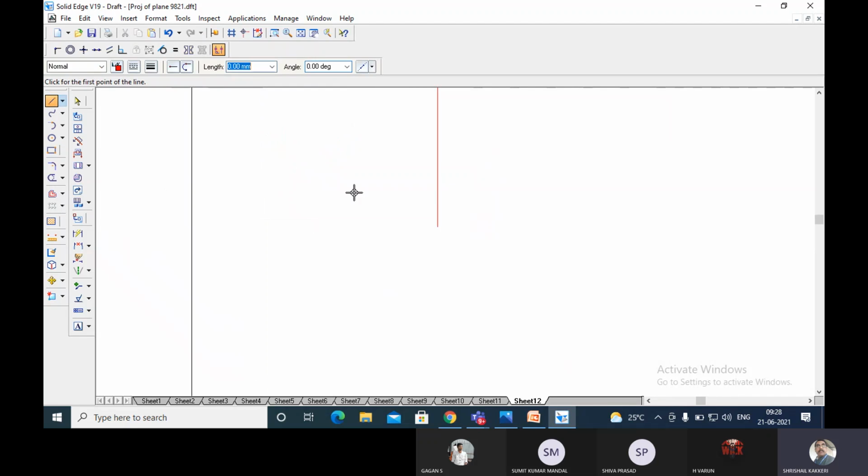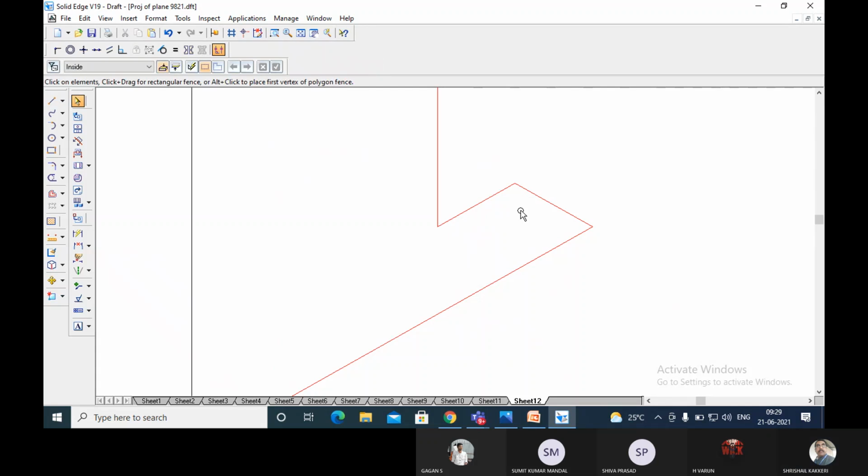Cartesian coordinate robot. Very simple figure.